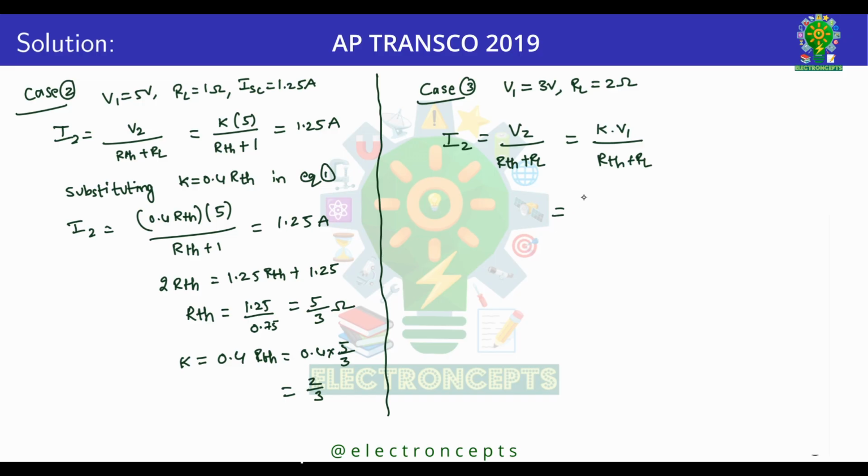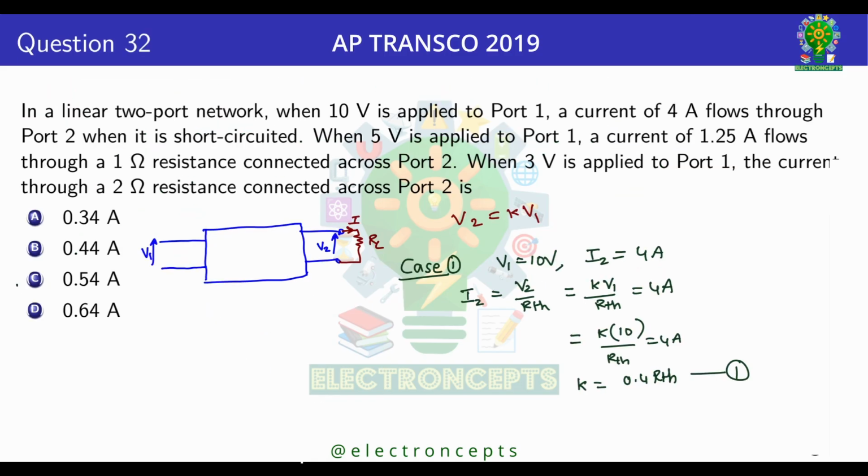From the previous, K is equal to 2 by 3 and V1 is 3 volts, divided by RTH is 5 by 3 plus RL is 2 ohms. Solving this, we get I2 is equal to 6 by 11, which is equal to 0.545 amps. Therefore, option C is correct.